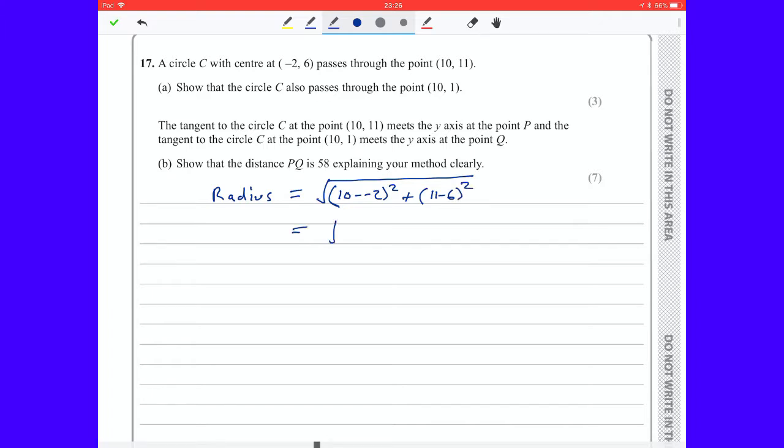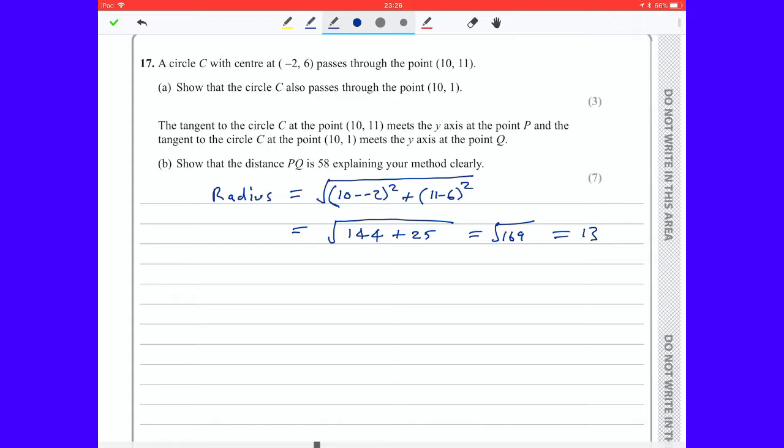And that gives us the square root of 10 minus -2 is 12, squared is 144, plus 11 minus 6 is 5, squared is 25, so that's the square root of 169, which is 13. So this circle has radius 13.